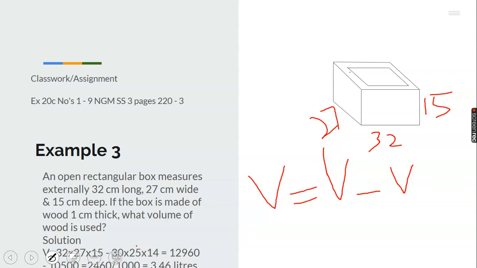Multiply by 14, because the upper height is open. The box is open at the top, so it's only 1 cm we remove from that height. Then we have 14.